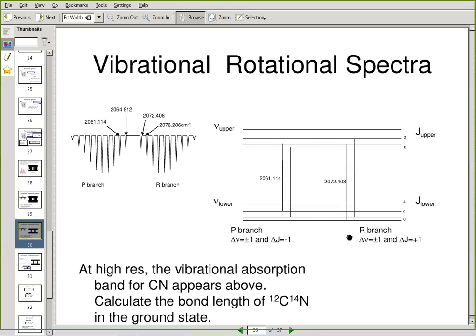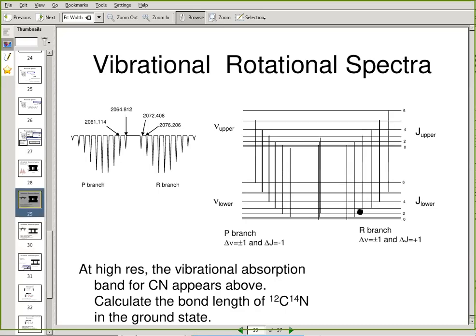So if I can go back just a slide, remember that on this side, this is the shortest line that you can have here, and these lines are all getting longer and longer. And this here is the longest line you've got, and these lines are all getting shorter and shorter. So we know that the longest line here, the highest energy jump, must be the highest energy jump here, and the lowest energy jump here must be the lowest on that. Does that answer your question?